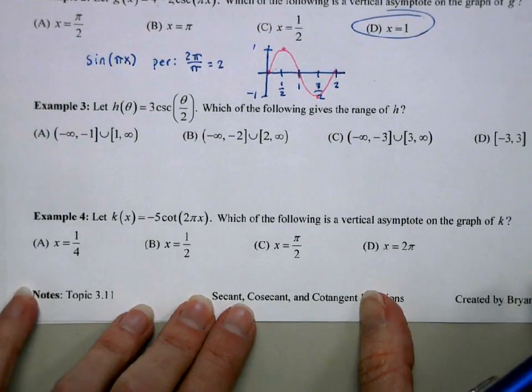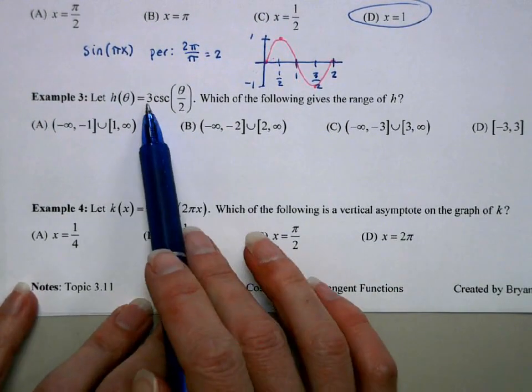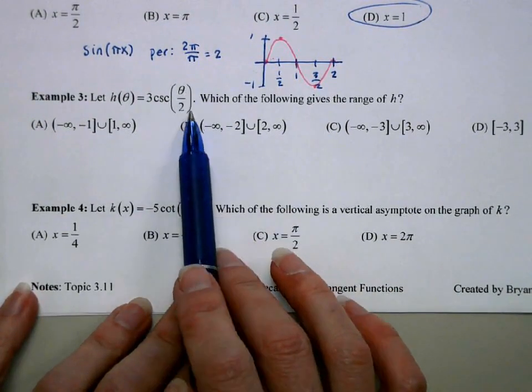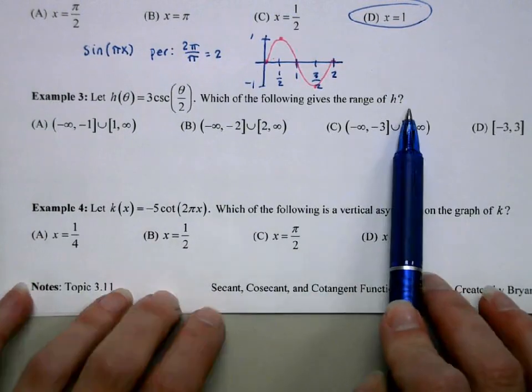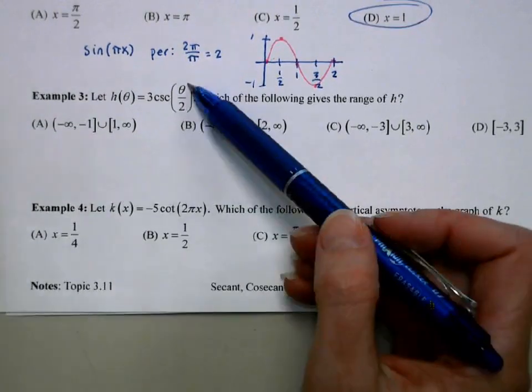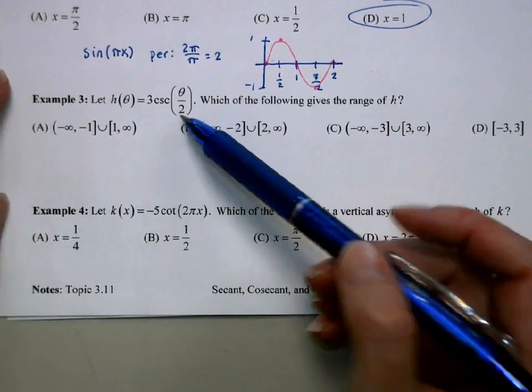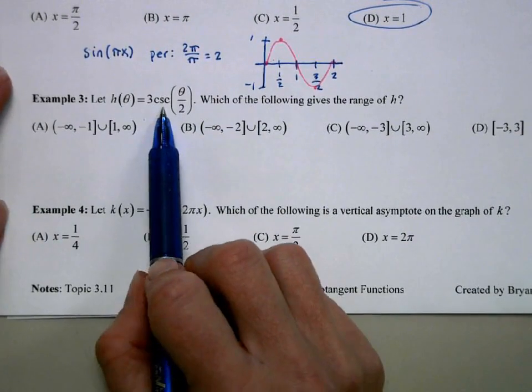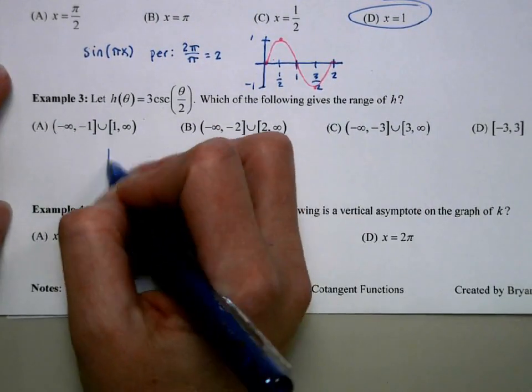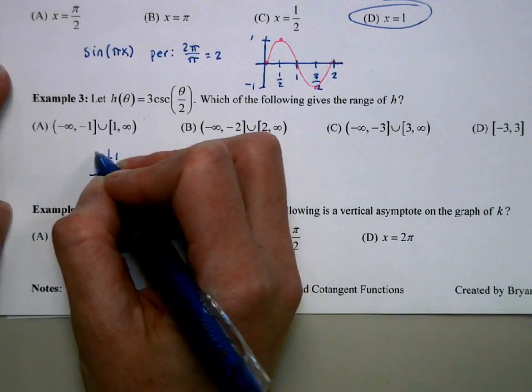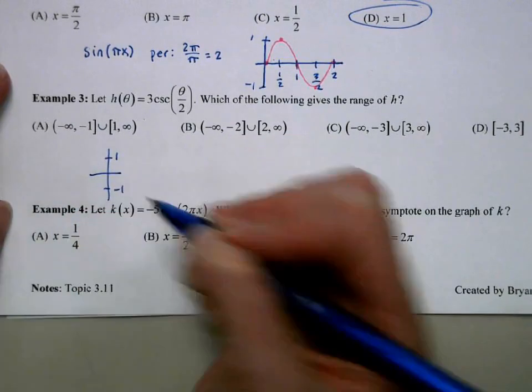Okay, here we've got 3 cosecant theta over 2. So which one gives us the range? This part is not going to affect the range. On my normal graph for cosecant, we know that our graph is above 1 and below -1.